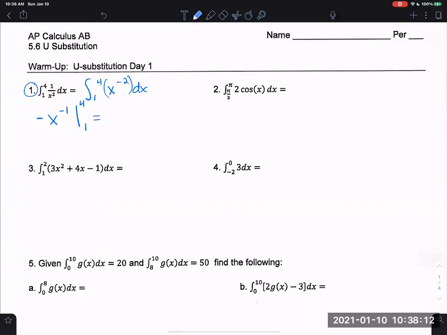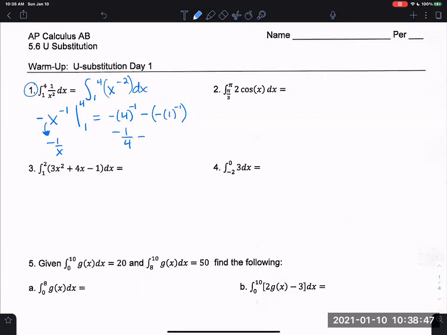And what we end up with is negative 4 to the -1, minus negative 1 to the -1. What you could also do from here is write this as that instead, which may have been a little more straightforward when plugging in.